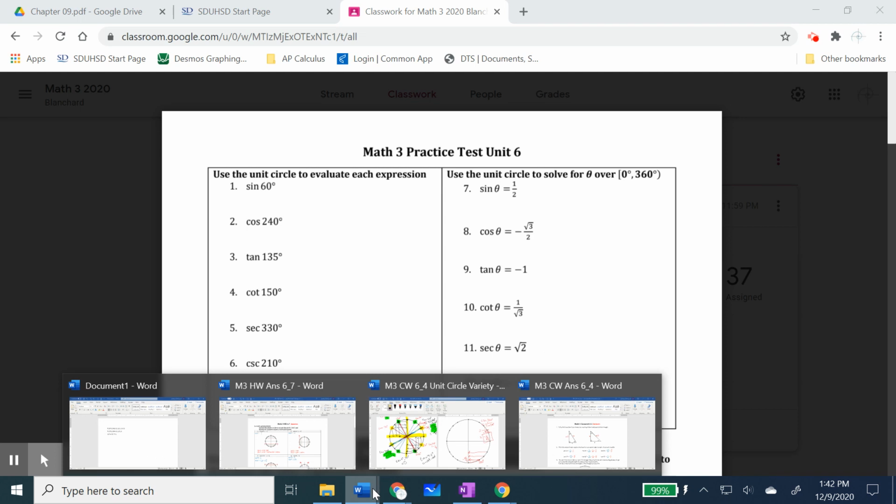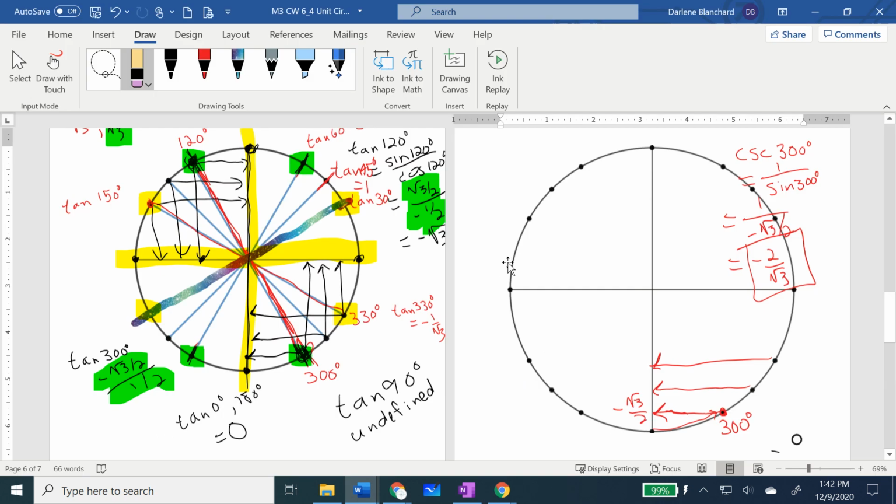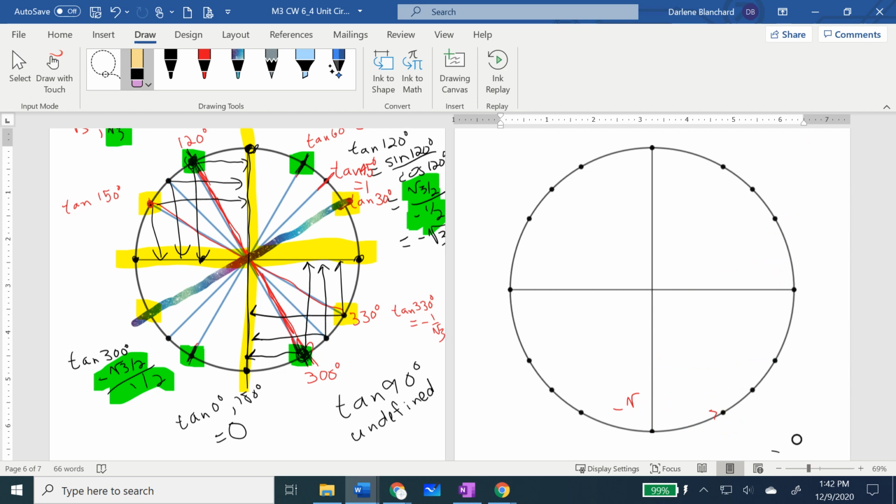So I'm going to go back over to a unit circle. Let's say I asked you, what is the angle for which the sine is equal to negative root 2 over 2?